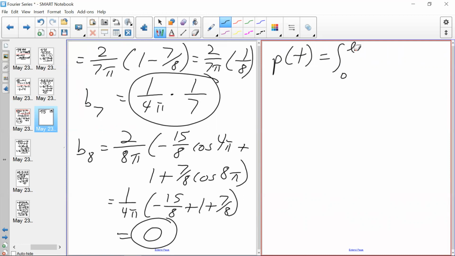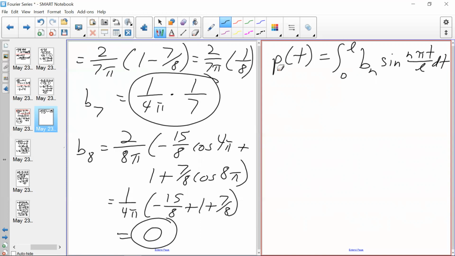And so the integral originally was from 0 to L, and we had our b sub n's, sine n pi t over L dt. We did all that. Well, at least we got the b sub n's, and now we can put all the b sub n's into the original function and see what it looks like.